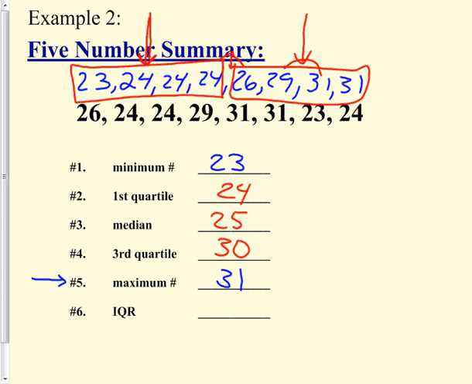And then the last thing is the IQR. Do you remember what that is? Interquartile range. Very good. Range means the biggest minus the smallest, so the range of this whole thing would be 23 to 31, which is 8.